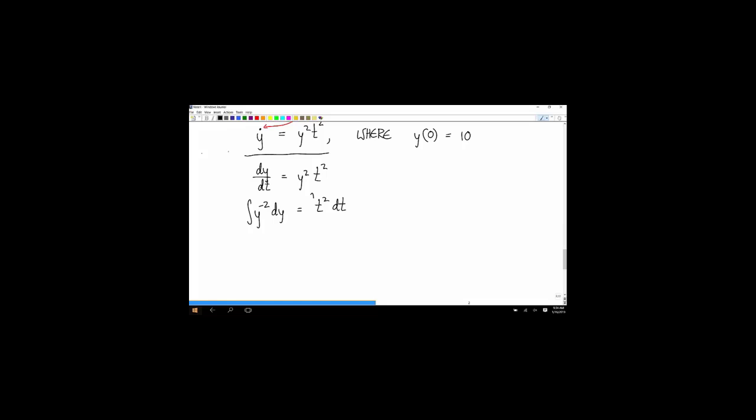And I'm going to integrate both of these. So we get y to the negative 1 over negative 1 is equal to t cubed over 3. And each of these has a constant of integration. I can just combine those into a single constant because they're both arbitrary. So I'll just call this plus c.